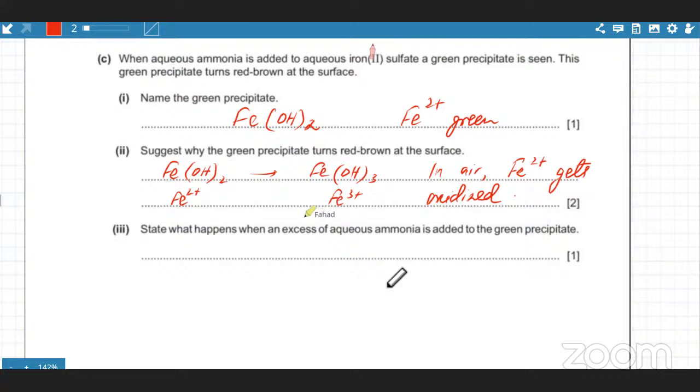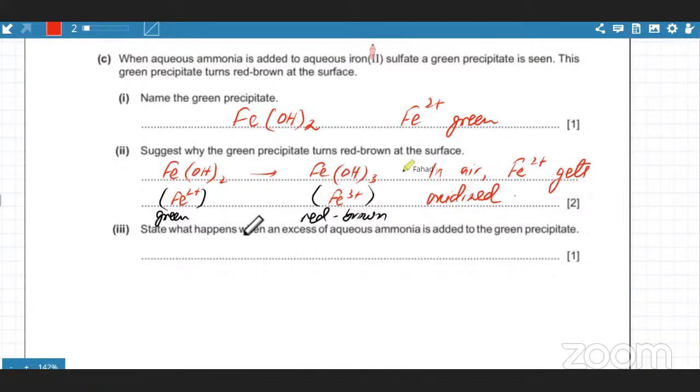Red brown precipitate. This was your green precipitate. So an Fe2 plus precipitate, this is an Fe3 plus precipitate. So if you keep it in the air, eventually, like your rusting iron, it gets oxidized to this red brown precipitate.